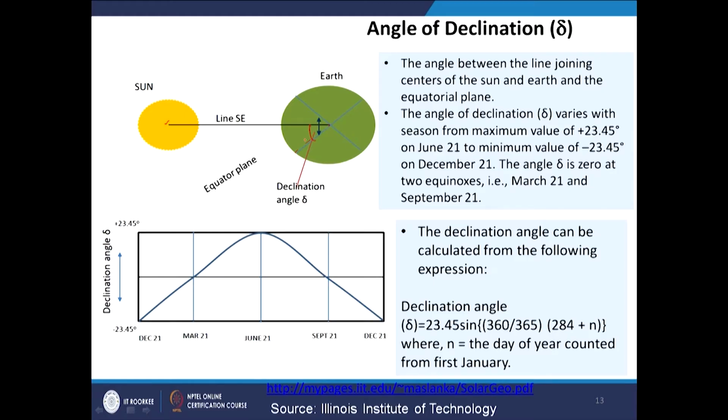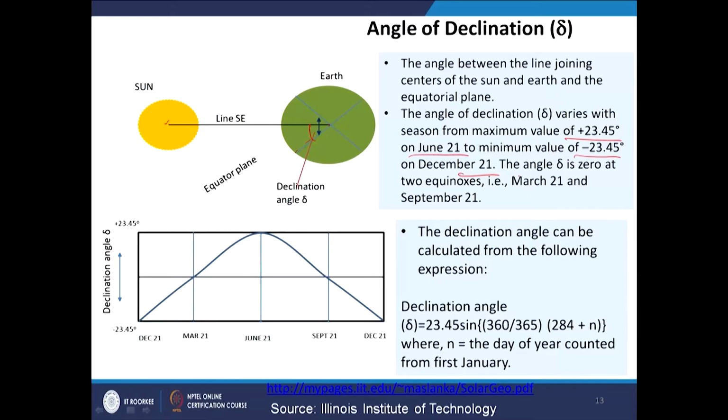As we know, the maximum value is plus 23.45 degree on 21st June and the minimum is minus 23.45 degree on December 21.